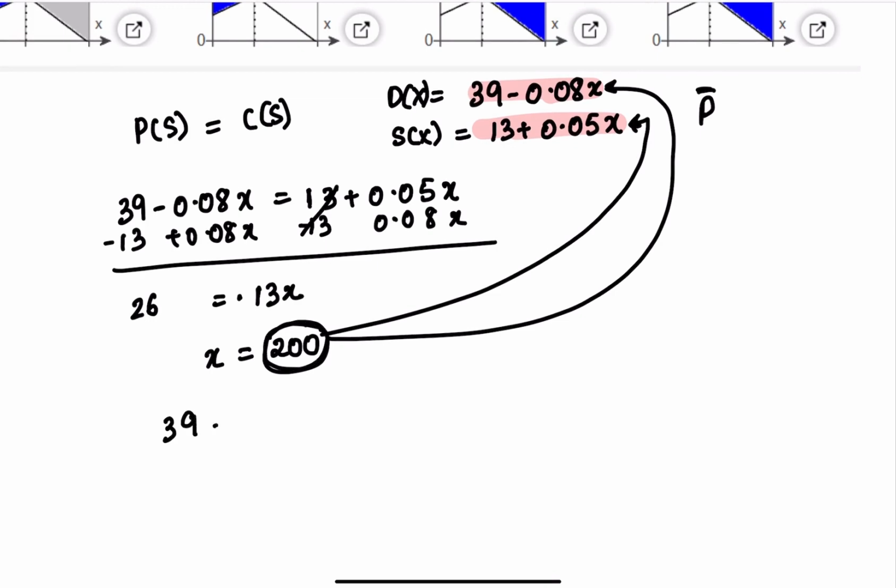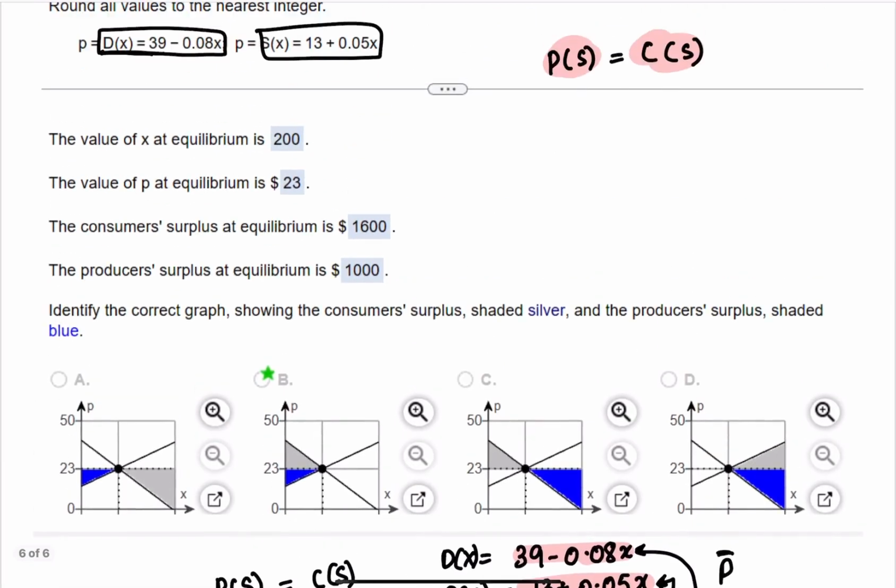So 39 minus 0.08 times 200. Let me plug that into the calculator. And I end up with 23. So my equilibrium is when X is at 200. That means the demand is at 200, the supply is also at 200, and the price is $23.